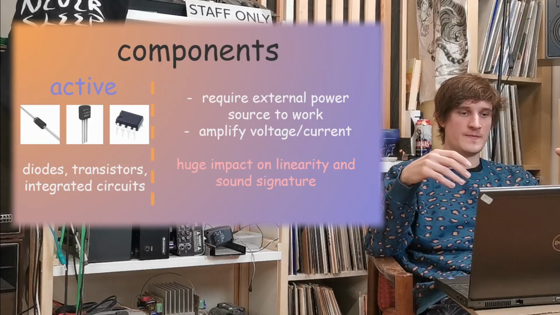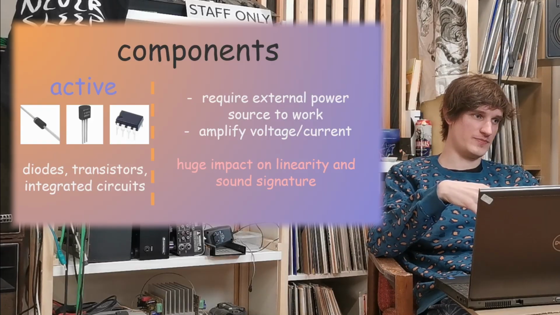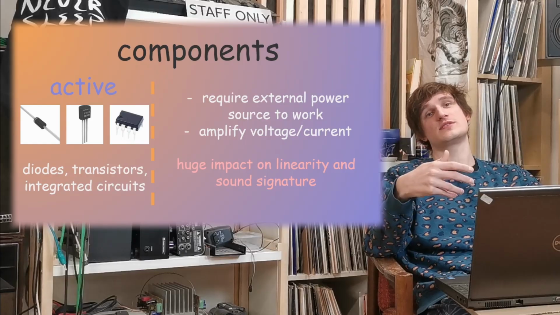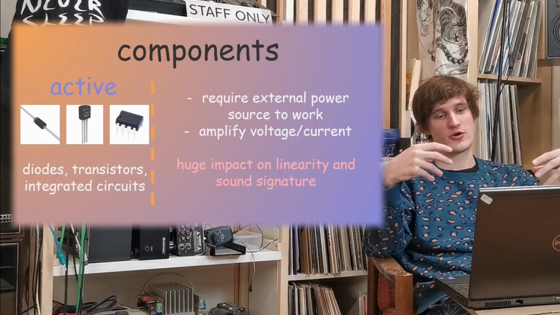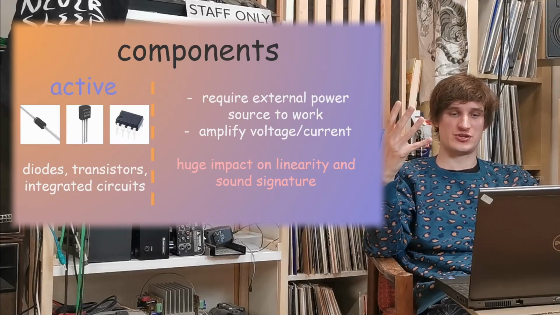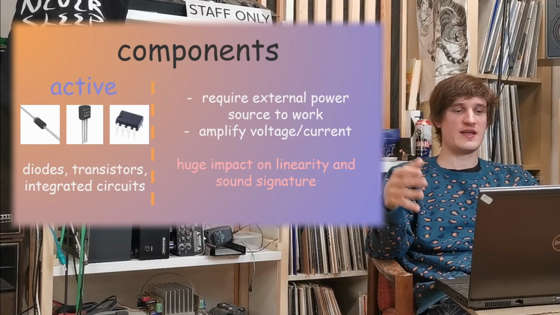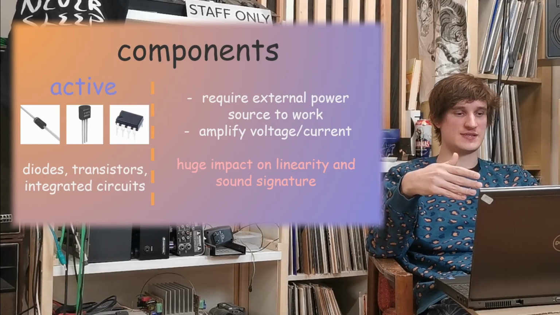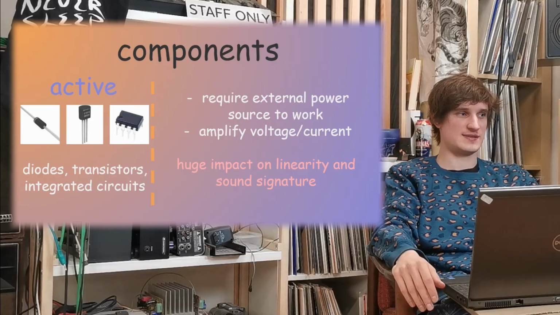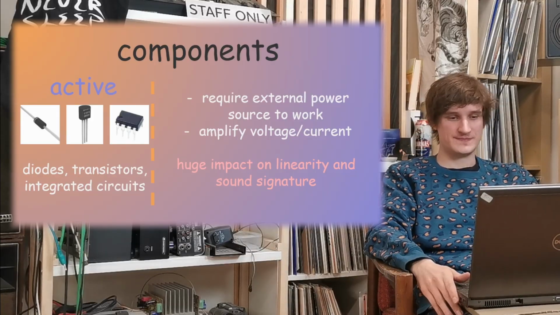So those are components that need a power supply, but thanks to the fact that they consume power, they are used for amplification of voltage and current. Thanks to those components, we can amplify the signal, and this is very useful.